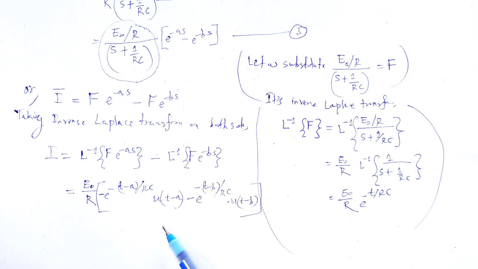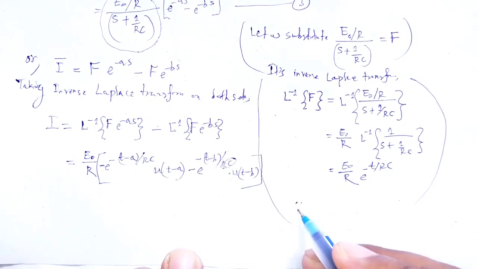Here, RC, the term R into C is known as the time constant for the circuit.